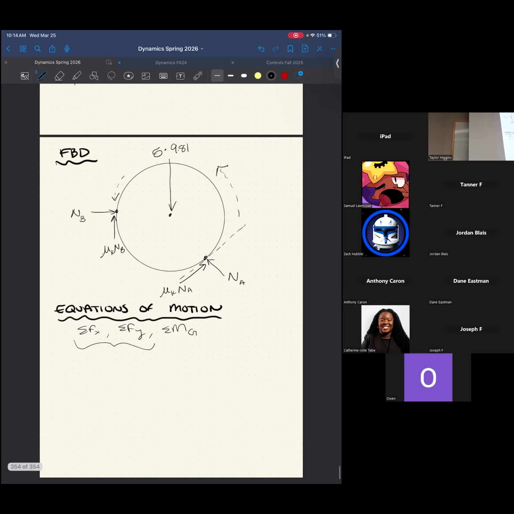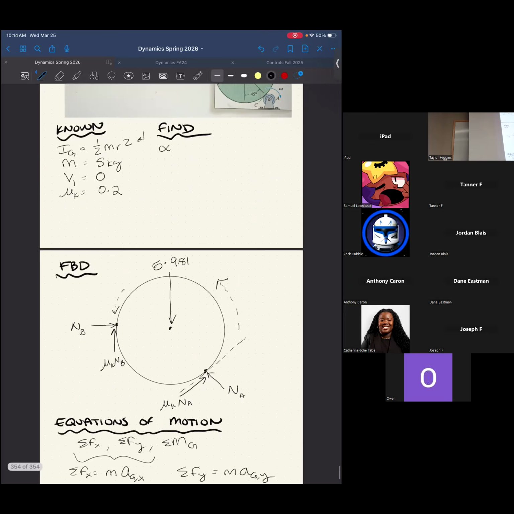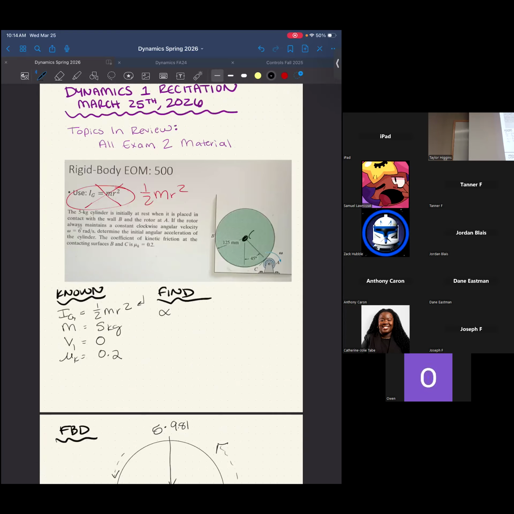The equations are not actually just sum of forces in the x, sum of forces in the y, but they're sum of forces in the x equals m a_Gx, and then sum of forces in the y equals m a_Gy. However, tell me about the acceleration of point G here in the x or the y direction.